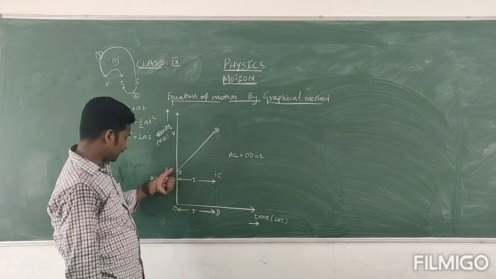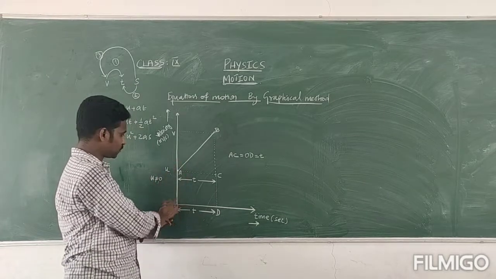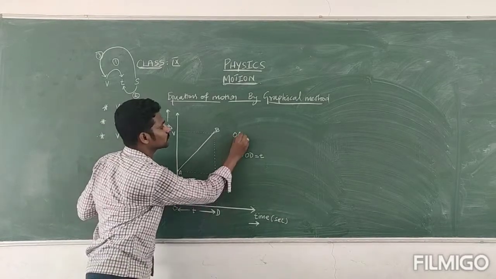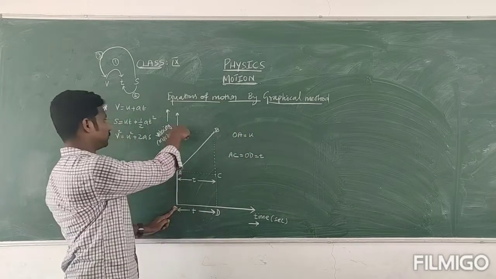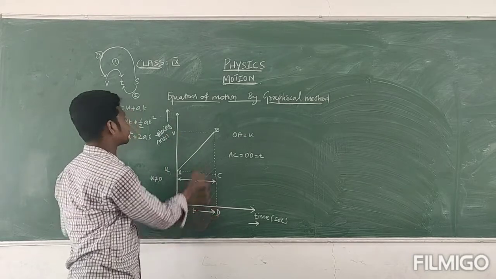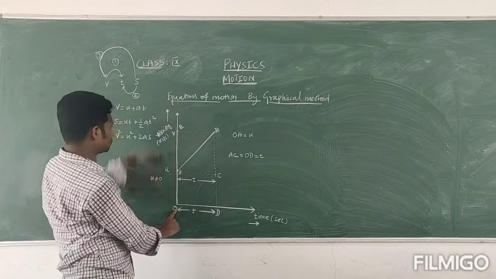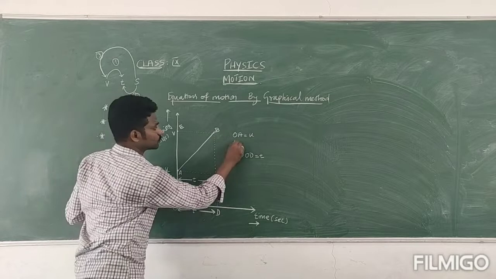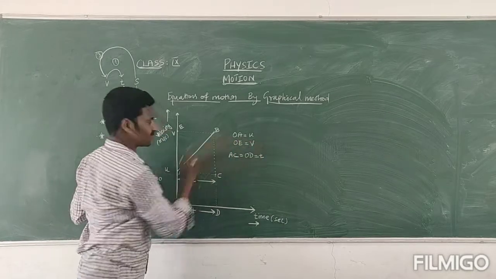Then O to A is nothing but the initial velocity U. Like that, I can mention the point E here, so O to E is the final velocity.